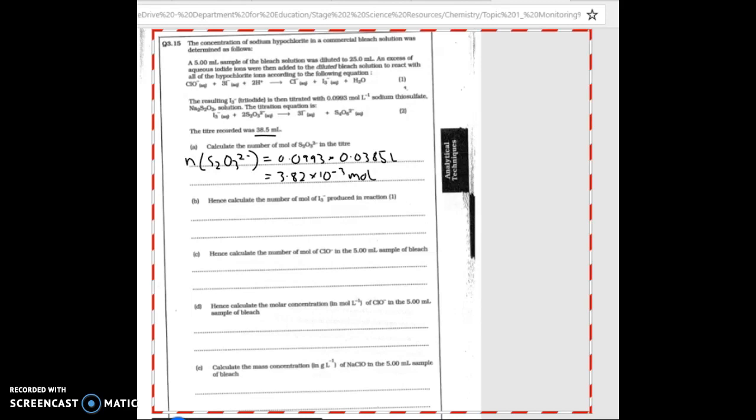Okay, so hence calculate the number of moles of the triiodide produced in the reaction. In this reaction we've got a molar ratio of the triiodide as 1 mole, and the thiosulfate we've got 2 moles. If I remember from our lessons, how I tend to work that out is the number of moles of our unknown divided by the number of moles of our known.